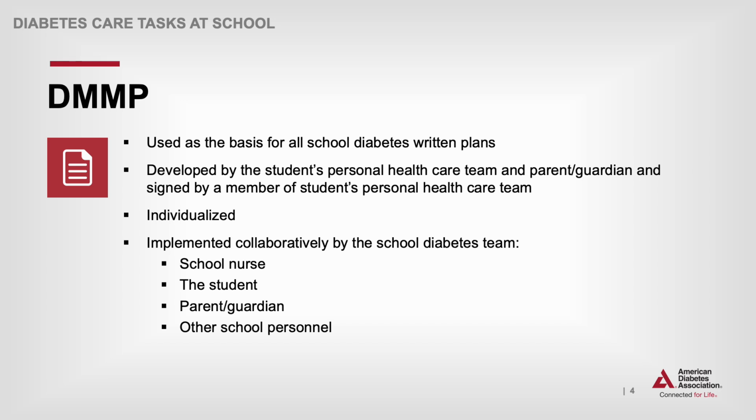Additionally, both health and academic accommodations related to diabetes should be included in written education plans for students with disabilities such as diabetes. For example, under Section 504 of the Rehabilitation Act of 1973, students with diabetes are entitled to accommodations to ensure equal access to public education.